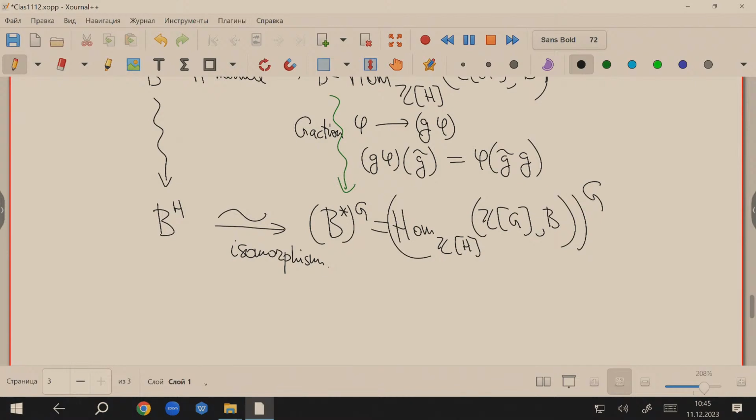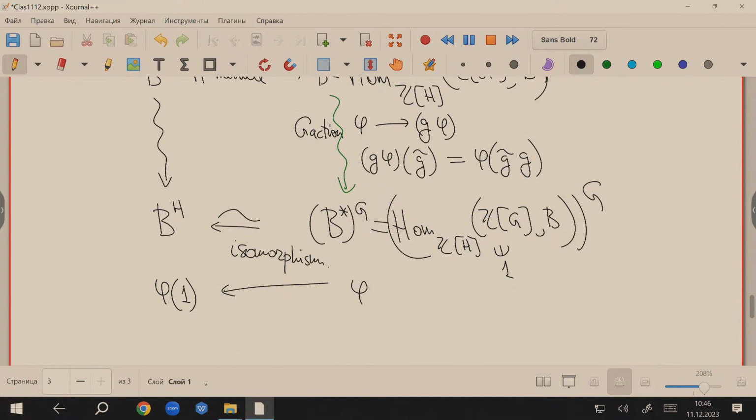So actually you can put the maps in both directions. If you have the map phi, you can map it to phi(1), since you have the unit in the group algebra. So you map phi to phi(1), an element of B^H.